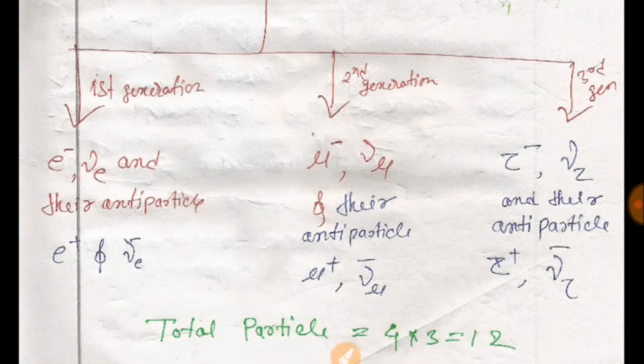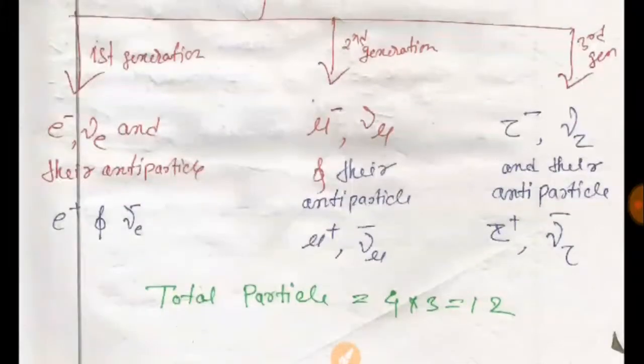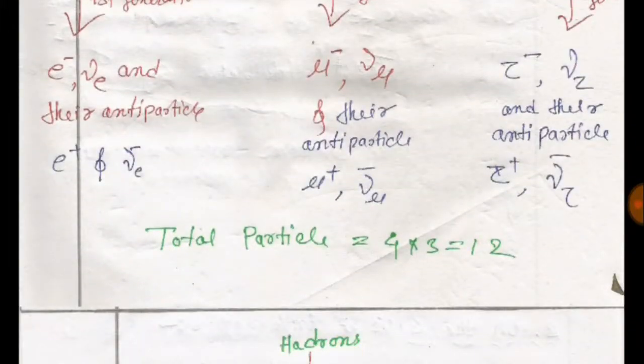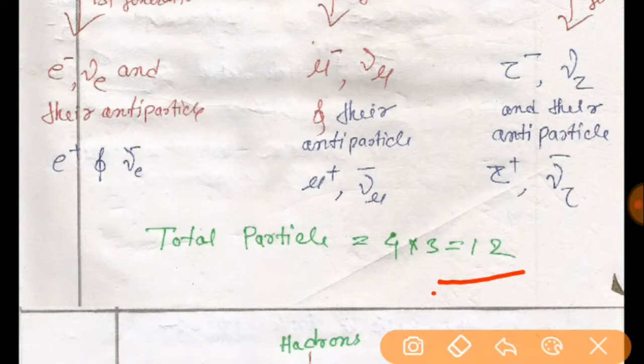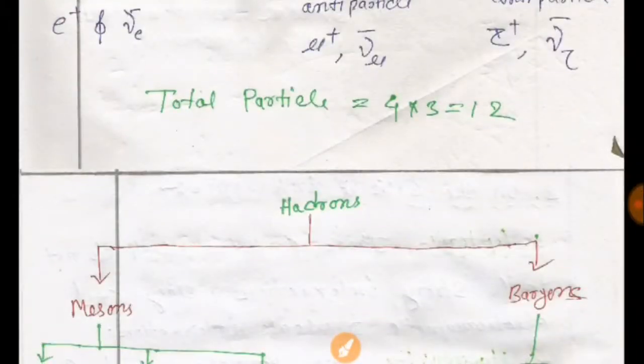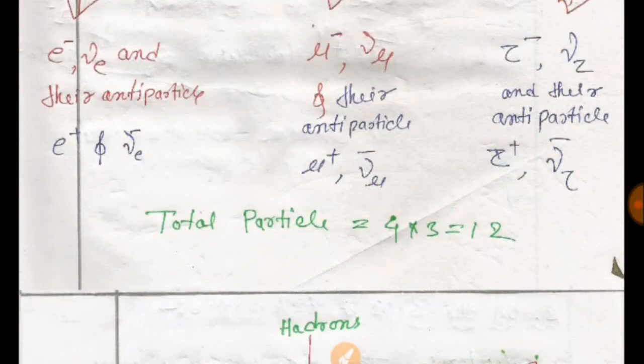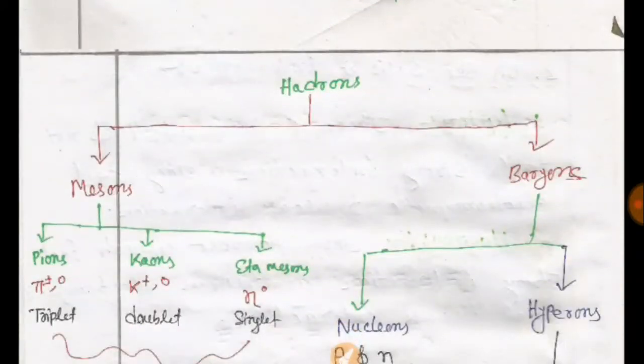So the total number of leptons is 4 into 3, that is 12 leptons, including their antiparticles.